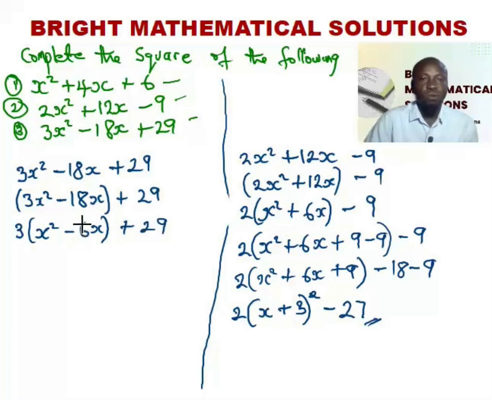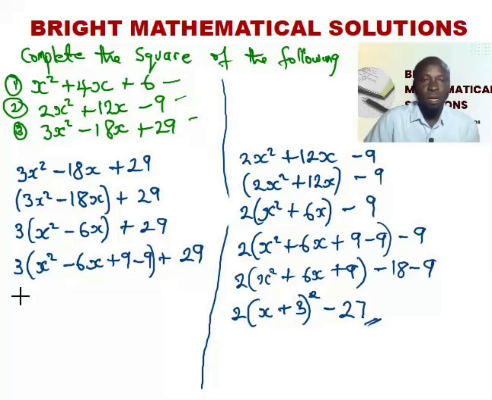Now we are going to look for the half of this, which is 3. So we are going to add the square of this half to this particular expression. That gives us 3 into x raised to power 2 minus 6x plus 9 minus 9, and then we have 29.